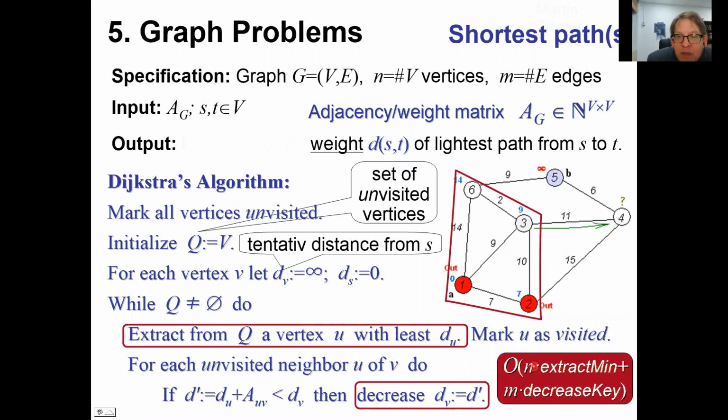As I kept emphasizing, when the number m of edges is quadratic, this is optimal. But when the number of edges is less than n squared, it will not be optimal.